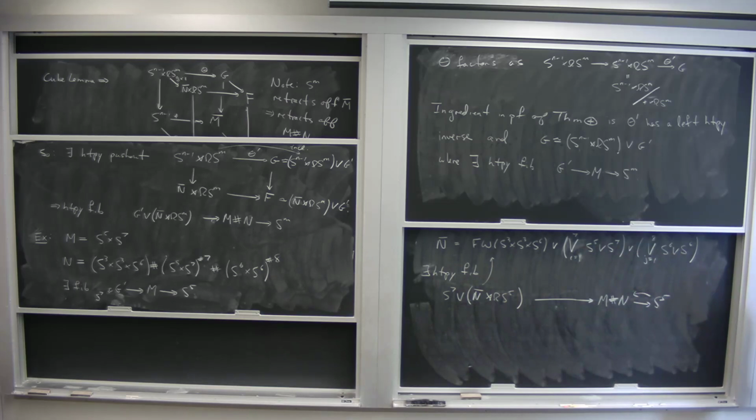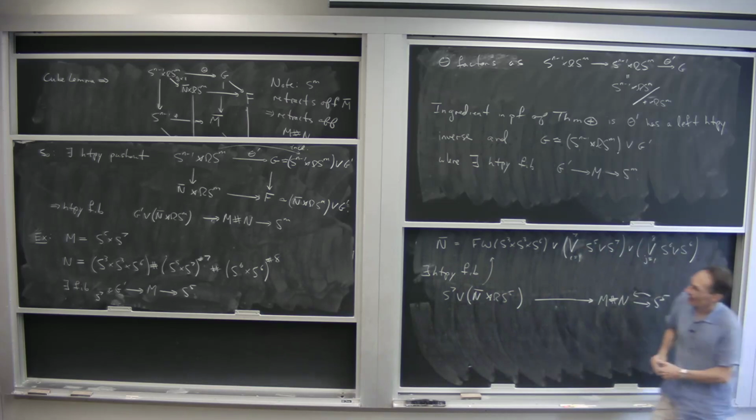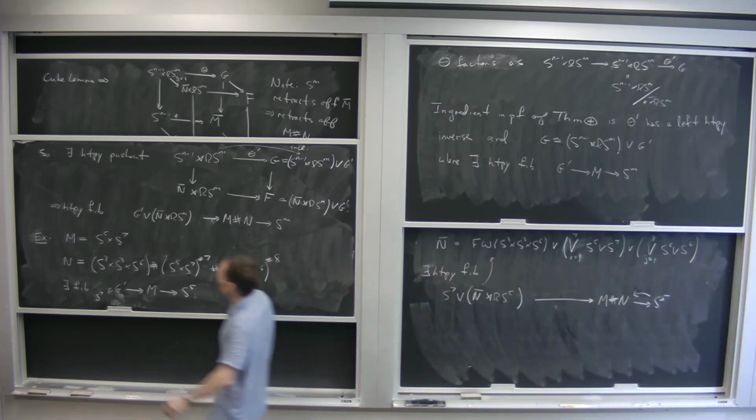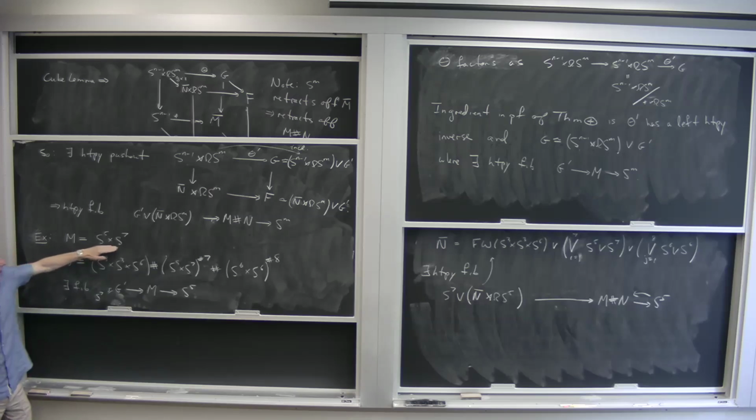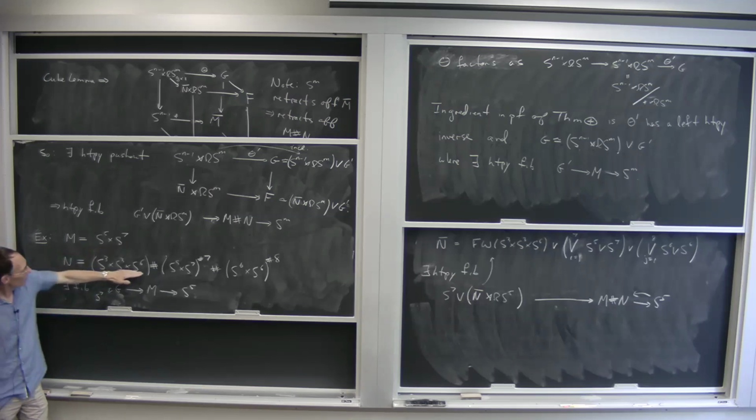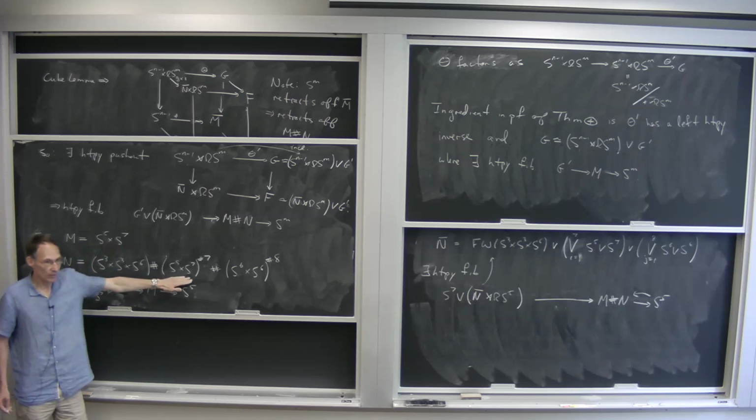And if you don't like this presentation, you could change it. You could say, well, instead of starting with my M being an S5 cross S7, let's start it with the S3 cross S3 cross S6. And then the N would be the connected sum of products of 2 spheres.